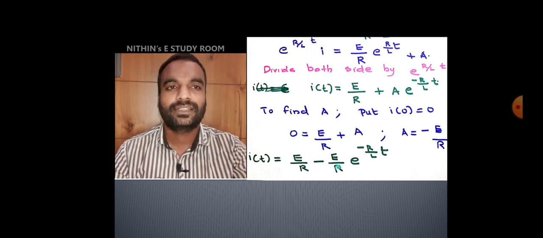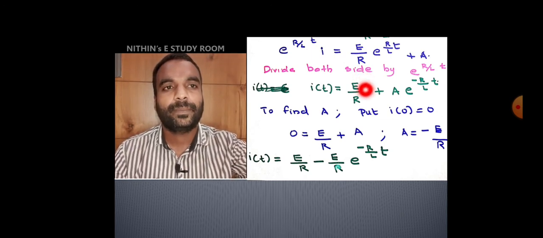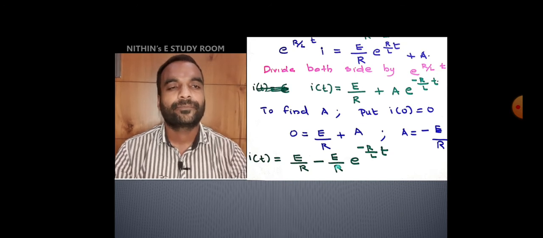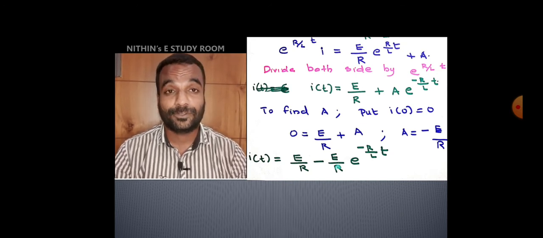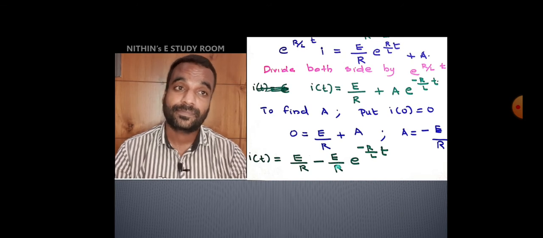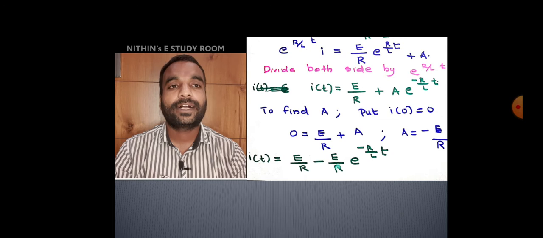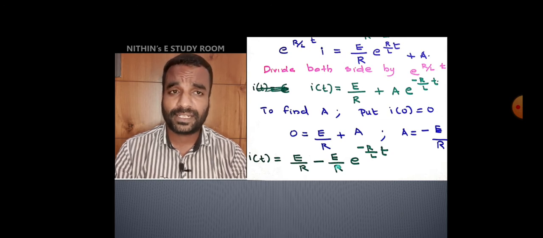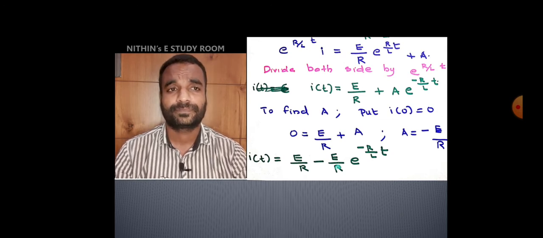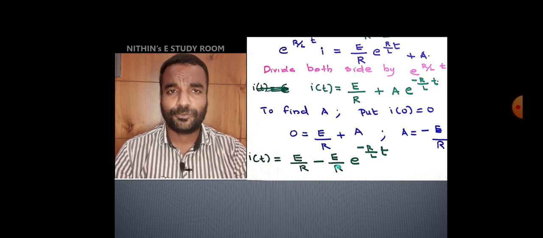So, 0 is equal to E by R plus A into e raised to minus R by L into t. This t should also be substituted by 0. So, e raised to minus 0 is equal to 1. So, you will get E by R plus A is equal to initial current, that is equal to 0. So, A is equal to minus E by R.